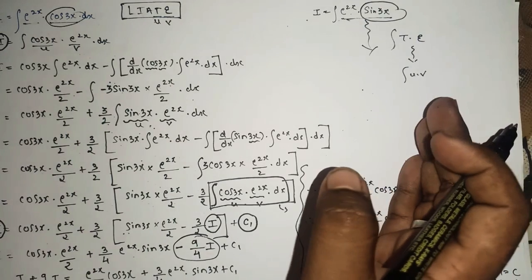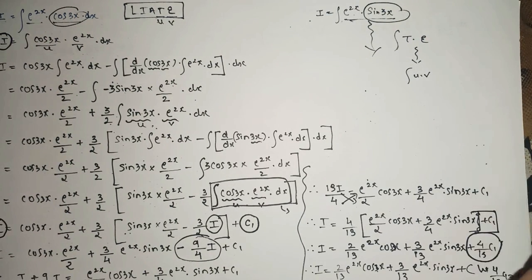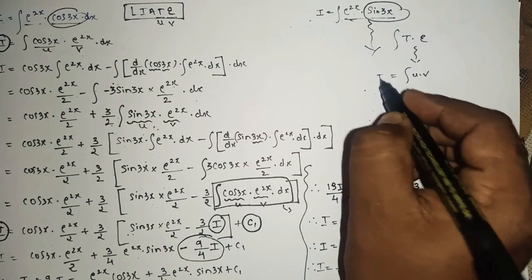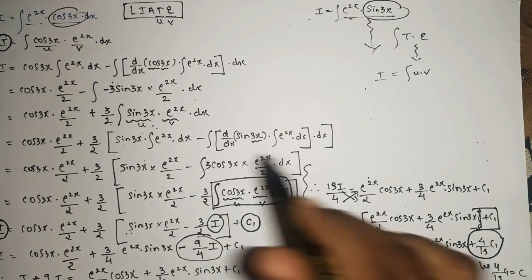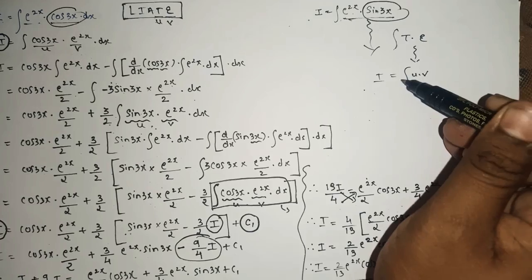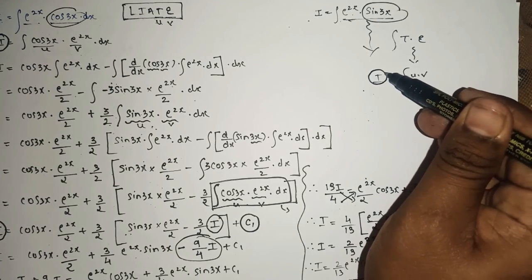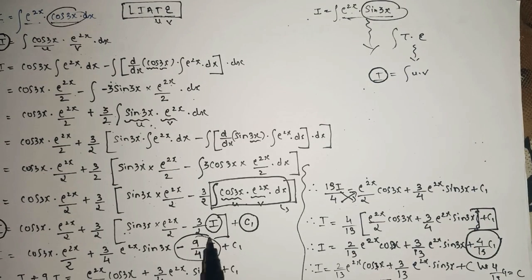If you want to break the chain, break the loop, then at a certain step you will get the same question. In place of that, you will write I.